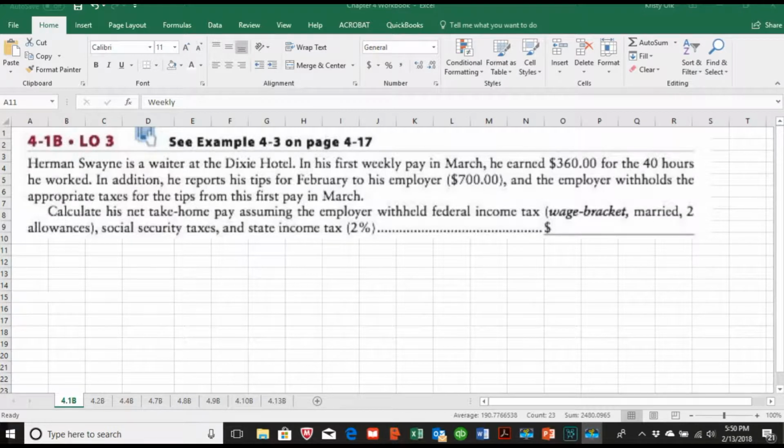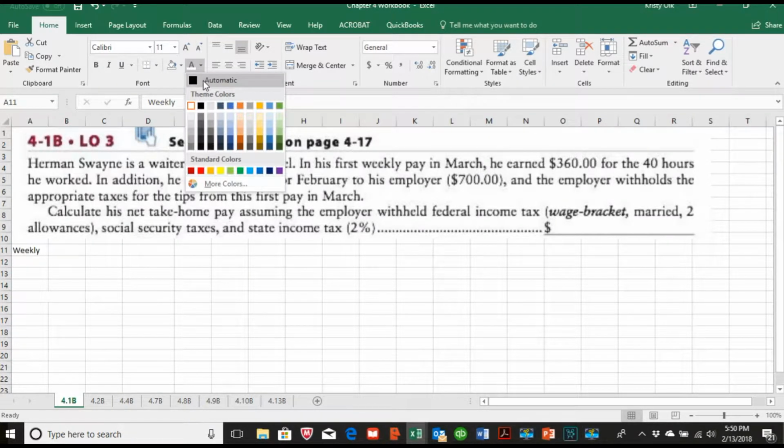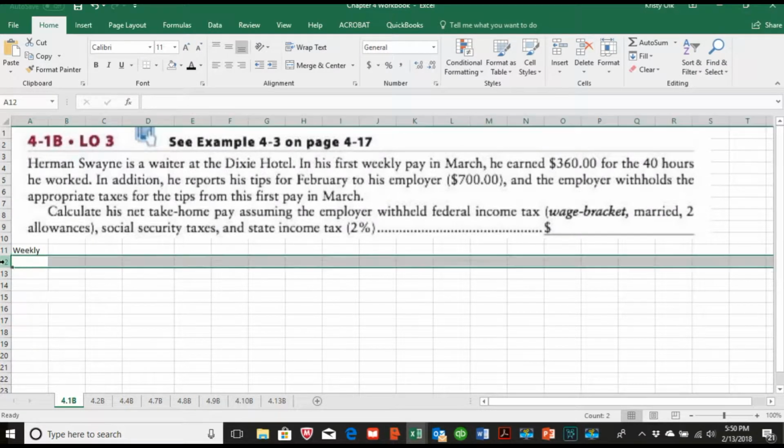First, we have to recognize that this is on a weekly pay frequency, that he earned $360 for 40 hours. So let's begin to compile the information necessary. So we have a weekly pay frequency. We have to determine what's taxable and what are real dollar amounts for this pay period.